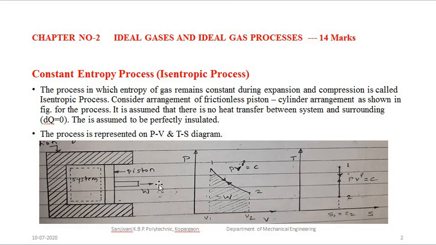But during the isentropic compression, we are having the reversal of this process. So we have to supply the work input for the compression. Piston moves towards the left hand side, compressing the gas, and the internal energy of the system increases, temperature of the system increases, enthalpy of the system increases. But as there is no heat transfer, the entropy of the system is remaining constant.